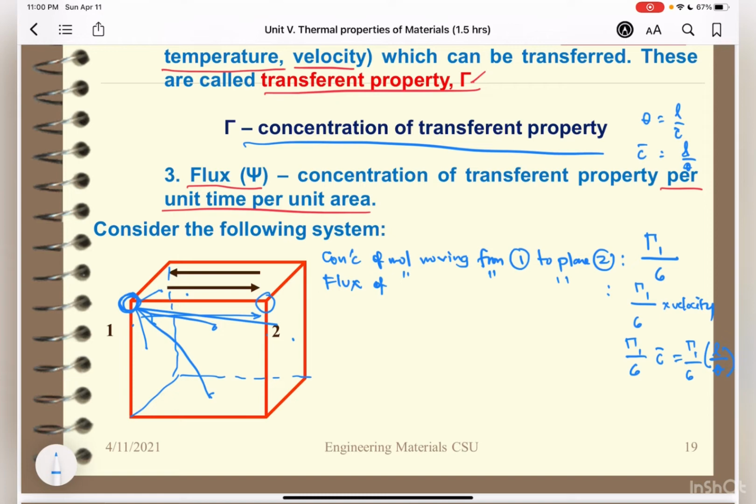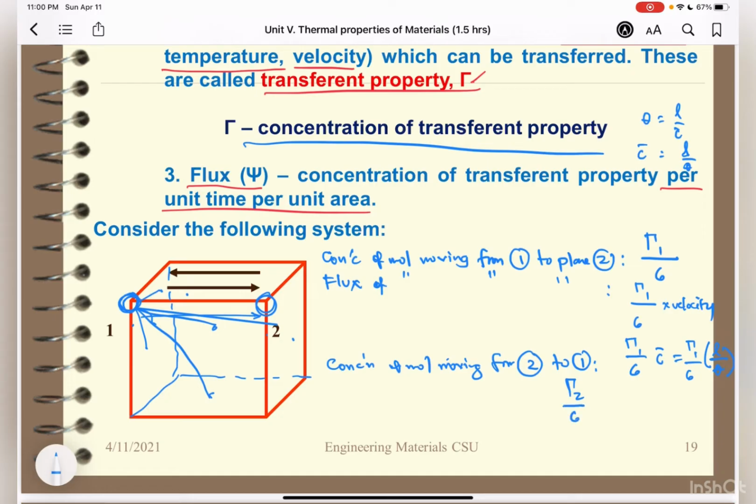Now let's consider the concentration of the molecule moving from plane 2 to plane 1. That could be gamma 2 over 6.